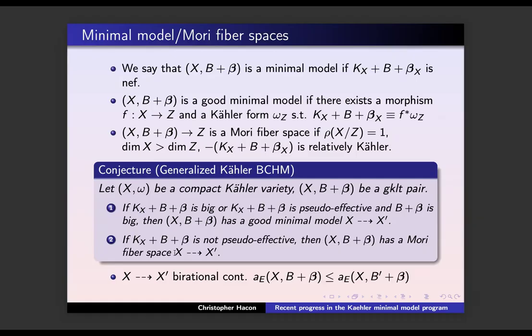So we have, again, a birational contraction to X', and then a morphism from X' to Z, such that the corresponding minus (K_X' + B' + β') is relatively Kähler. So are there any questions on what this generalized conjecture looks like?